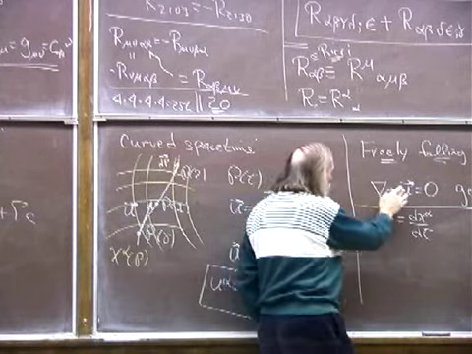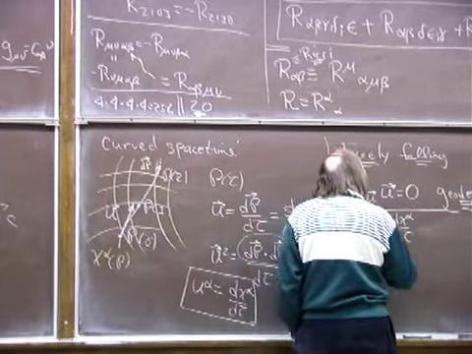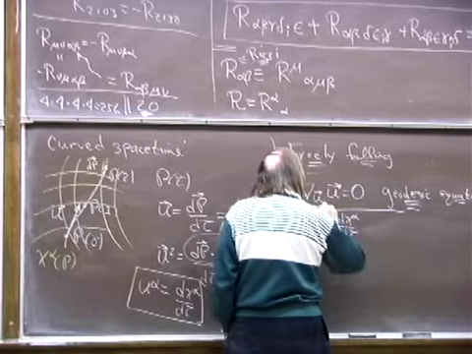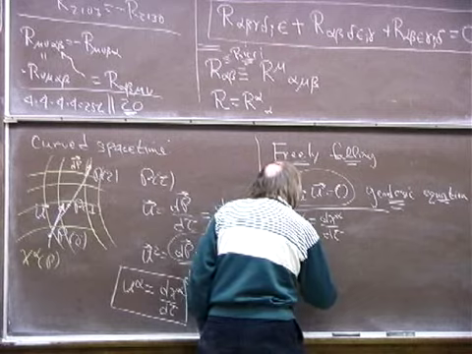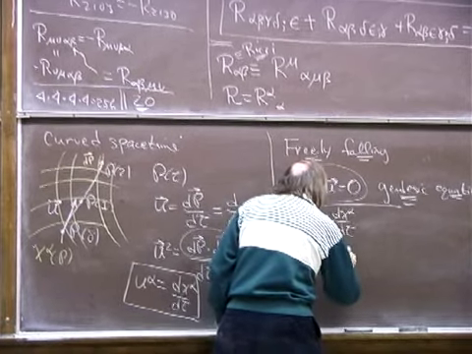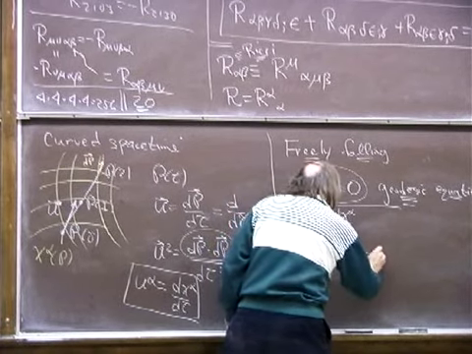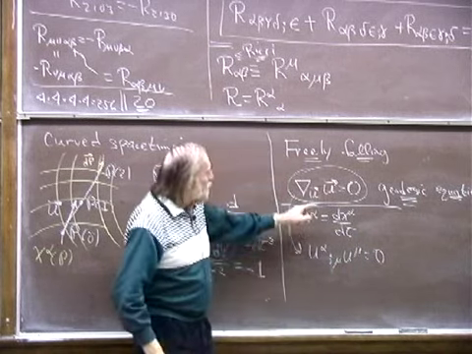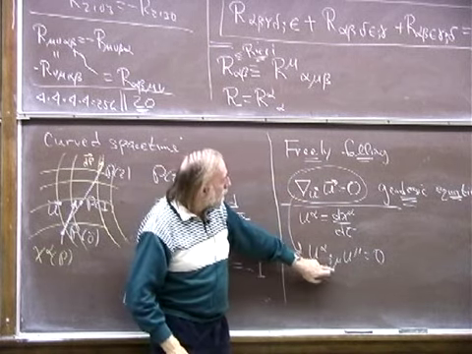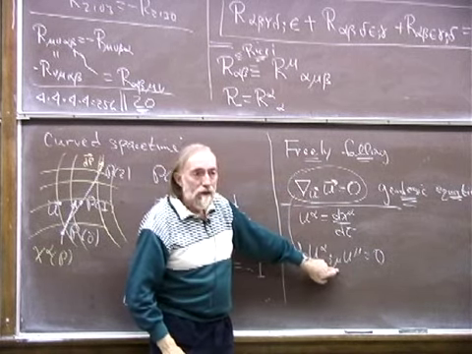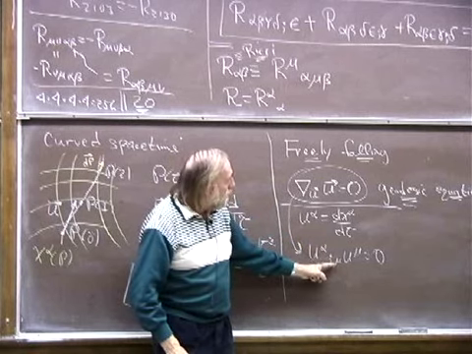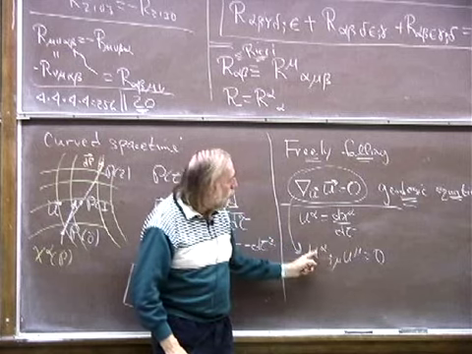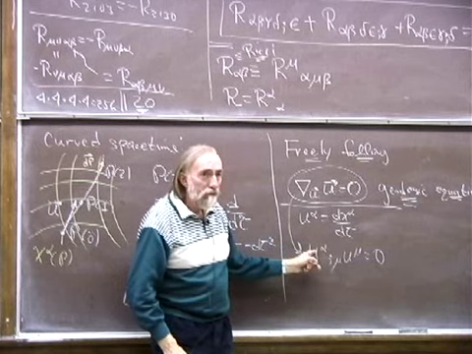And this geodesic equation I can write as saying u alpha semicolon mu u mu is equal to 0. That's just this equation written in index notation. That is, I take a derivative along u of u.